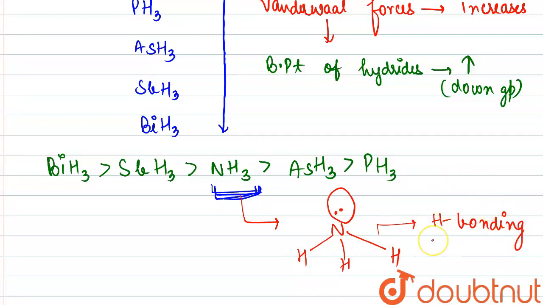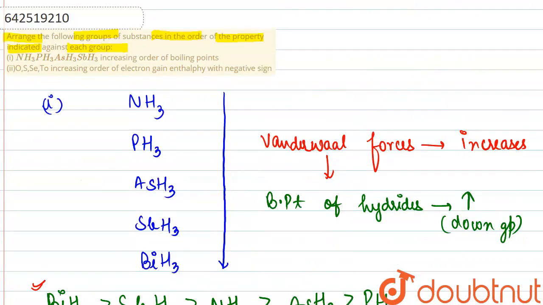So we have to break these hydrogen bonds, so the boiling point increases unexpectedly. So this is the final order that we would be getting: SbH3 followed by ammonia, then AsH3 and finally PH3. This is the correct order.